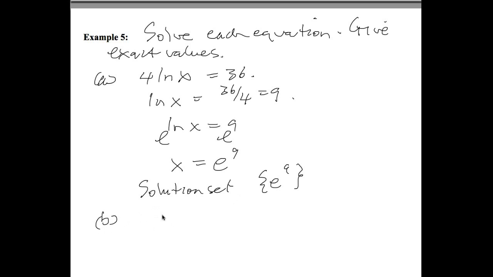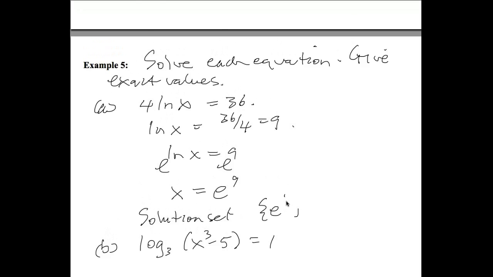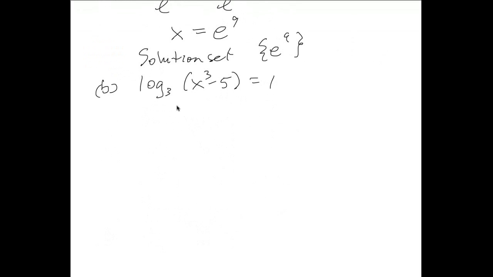Let's suppose I want to solve log in base 3 of x cubed minus 5 is equal to 1. All right, so what do we have here? We need to undo these somehow. Now the way we can undo a log in base 3 is, of course, use the exponential of base 3.